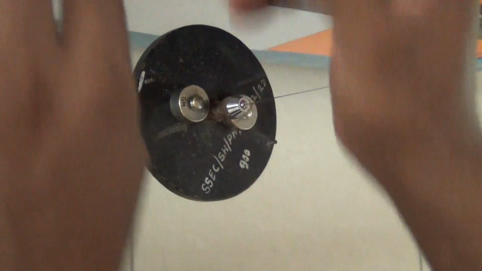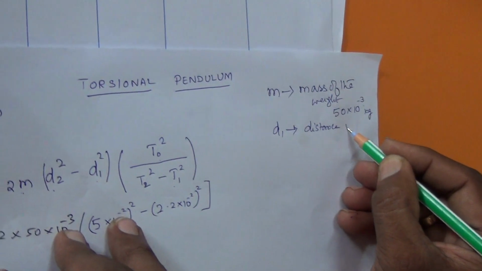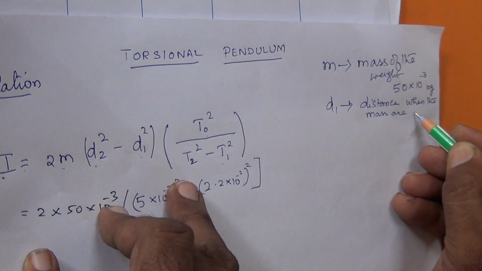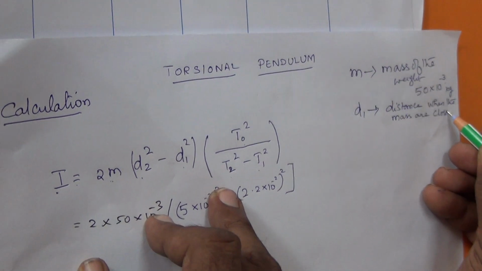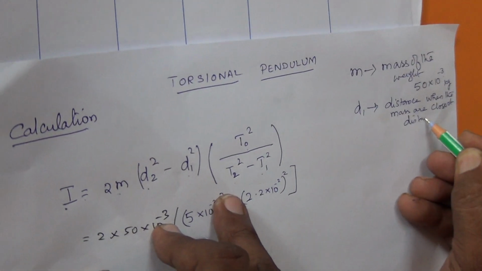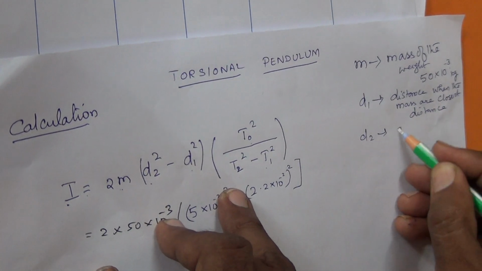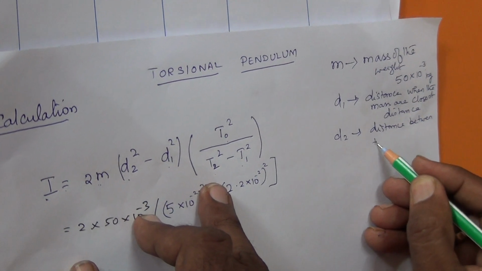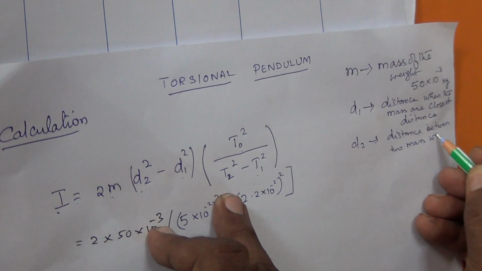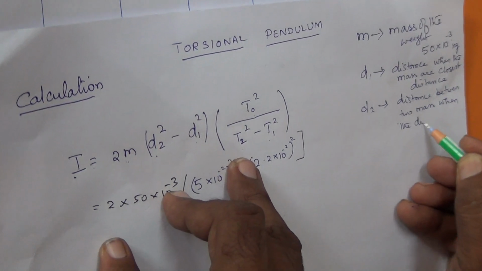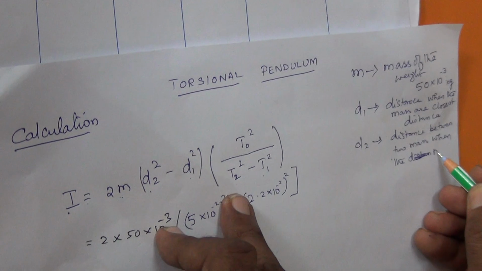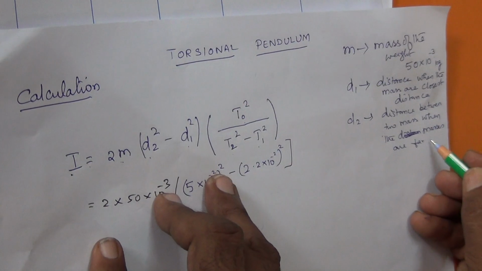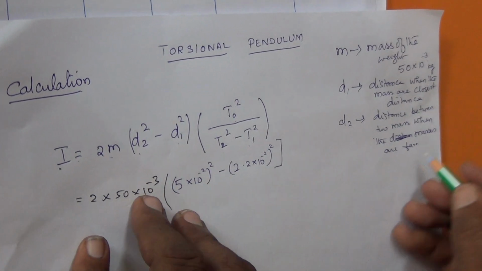D1 is the distance between the two masses when they are kept at the closest point. D2 is the distance between the two masses when they are at the farthest distance, far away.